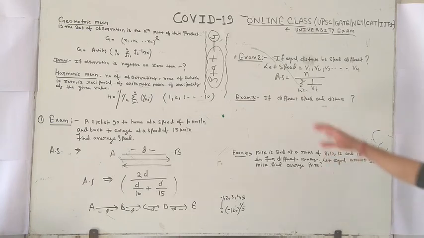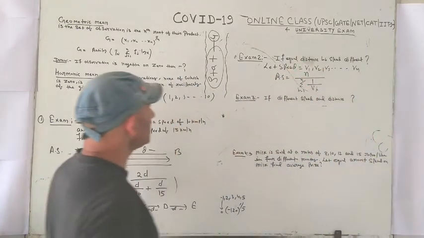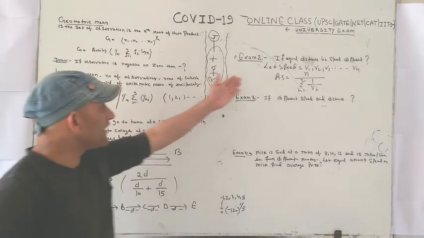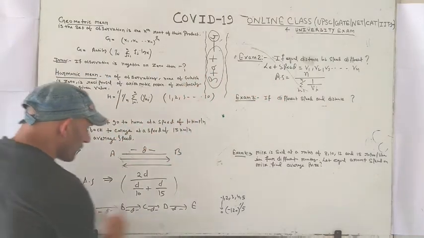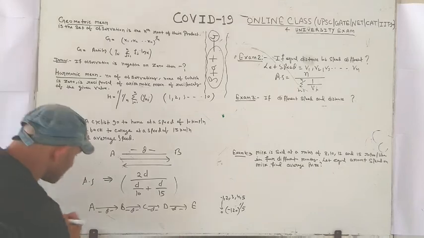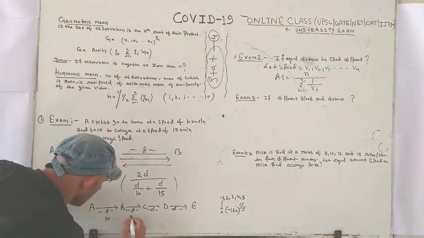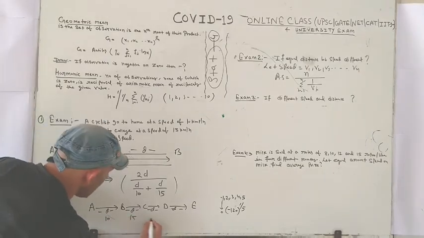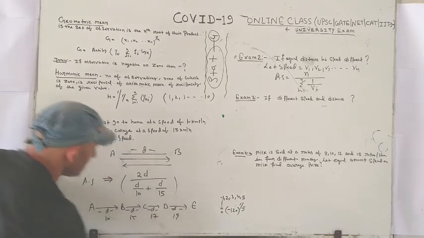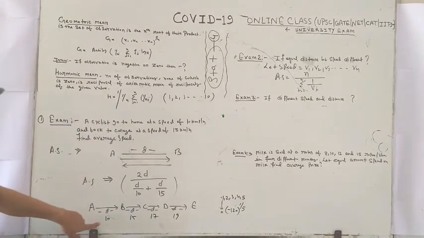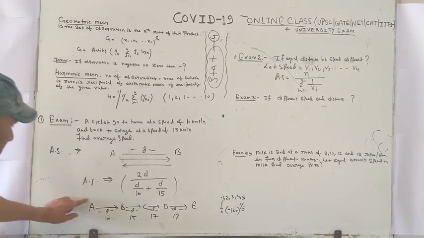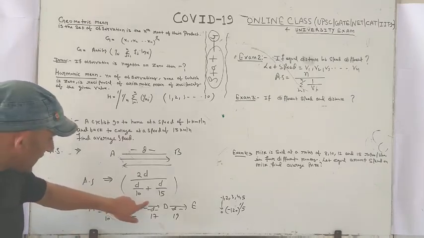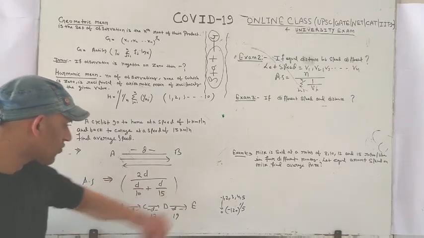So with the help of this formula, you can find the average speed. If you have to go from here to here, and the speed is suppose here 10, here the speed is 15, and here 17, and here 19. Then in this condition, how to find such a problem? Suppose this is Delhi, this is Mumbai, this is Calcutta, and this is Chennai, and this is your home.